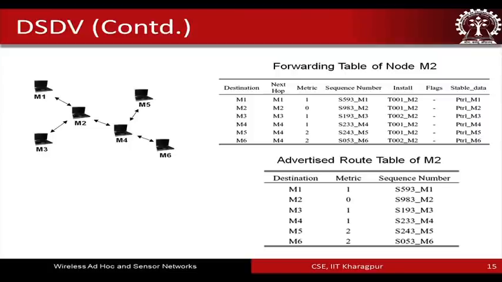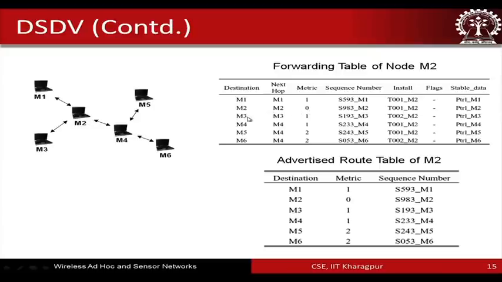for node M2. So, from node M2 to M1, the next hop is going to be M1, and metric means the number of hops. How many hops? 1 hop. Now, from node M2 to M2, the next hop is going to be M2, same node, and number of hops is 0.